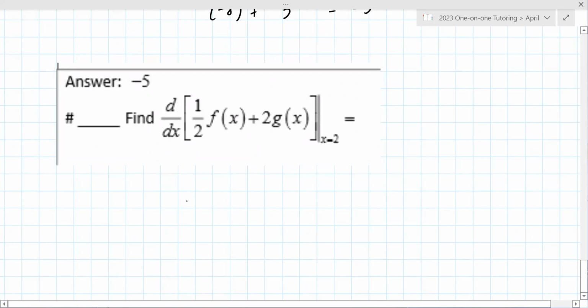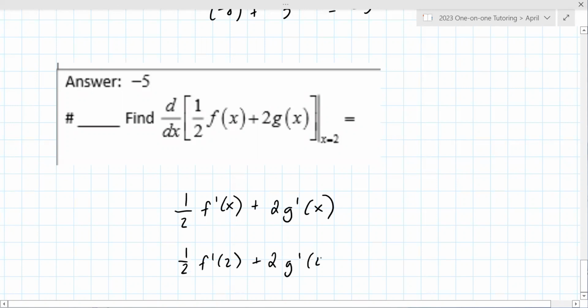So your d/dx here is 1/2 f prime of x plus 2 g prime of x evaluated at 2. So 1/2 f prime of 2 plus 2 g prime of 2. So you're going back to that table. What's f prime of 2?